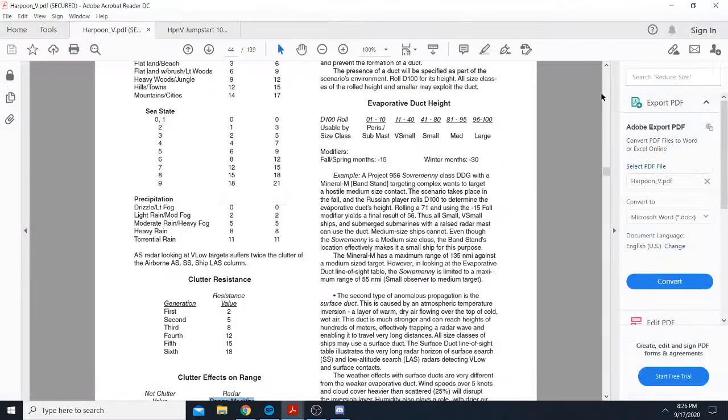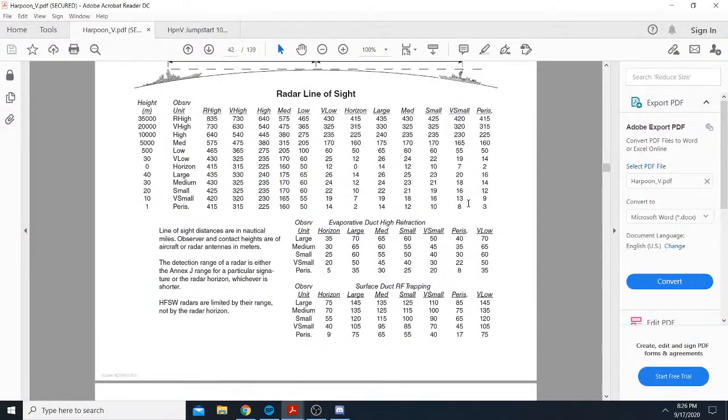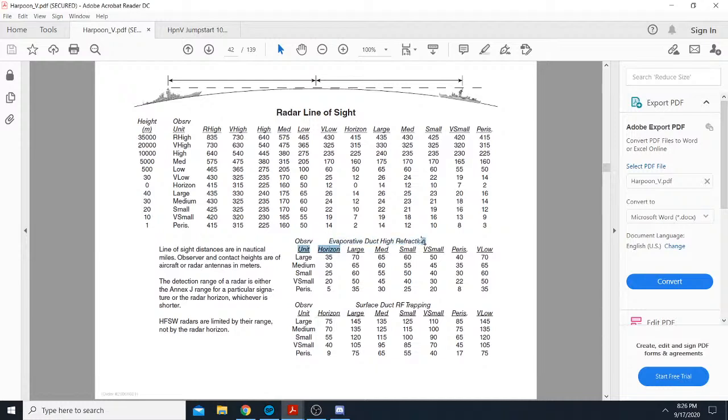You would eventually use the evaporative duct table or the surface duct table instead of the radar line of sight table if it's present. There are certain situations where that will make it worse, right? And there's certain situations where it might improve.